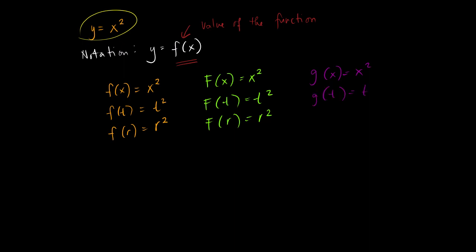G of t equals t squared, and so on and so forth. So what are the usual letters that we use to denote functions? Well, f and its capital letter, g, capital G, small h, capital H. Well, you may use any letter that you like, but these are understood as functions, at least when we're talking about calculus.